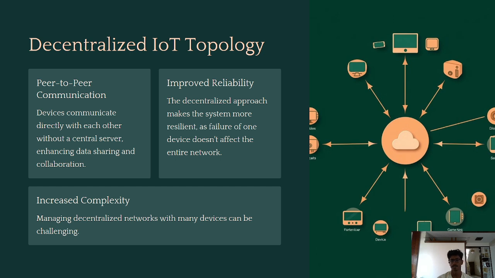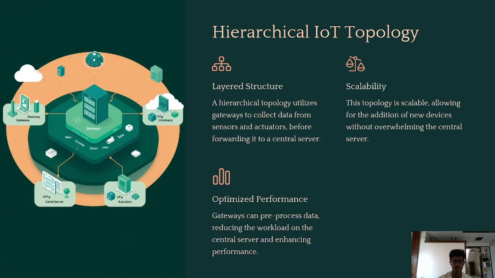As in decentralized topology or the mesh topology, there exists no centralized hub, and any node failure does not disrupt the entire network. And increased complexity, managing decentralized networks with many devices can be challenging, and the cost is also preferably more compared to the centralized topologies.